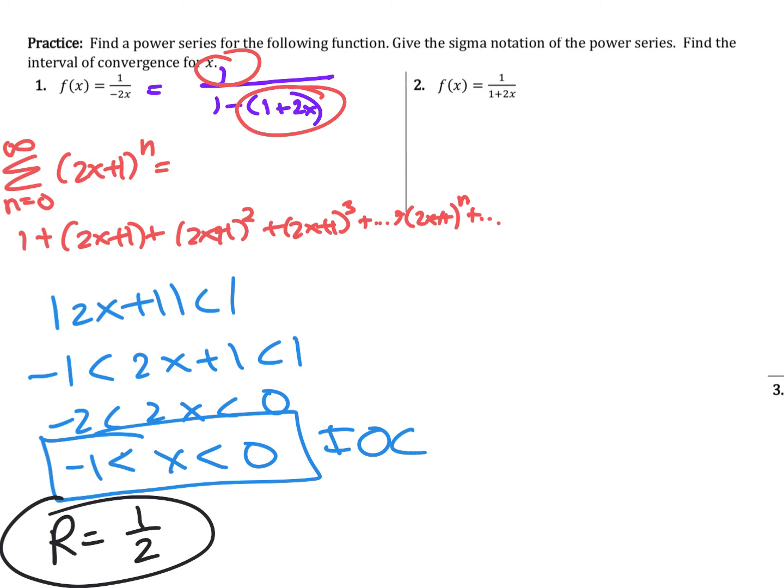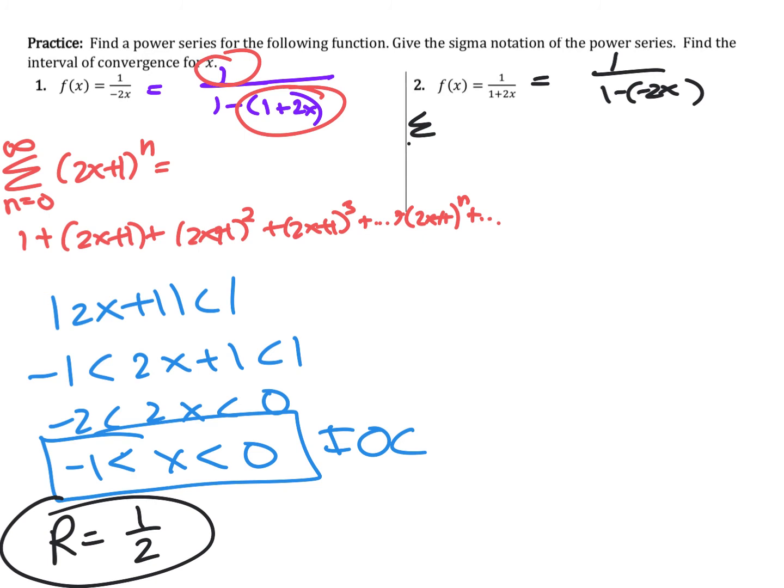Okay, number 2. If we are rewriting this, actually this one works out pretty nicely. The only thing that we need to do to see this better would be to write this as 1 minus -2x.